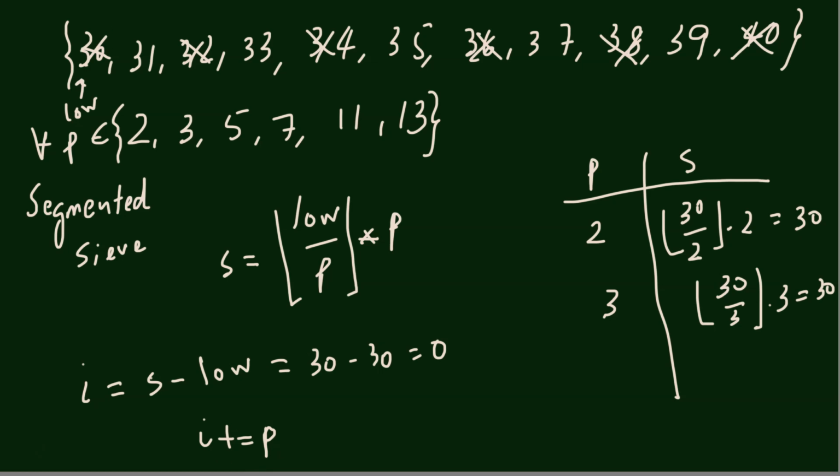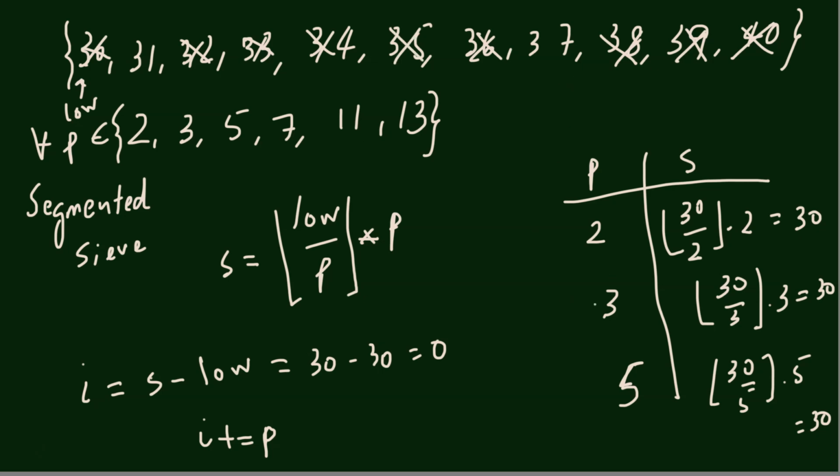So we start at 30, it's already crossed out, 33, 36, and 39. Let's start for 5. That's, again, 30. I is 0. So we start at 30, strike out 35 and 40.